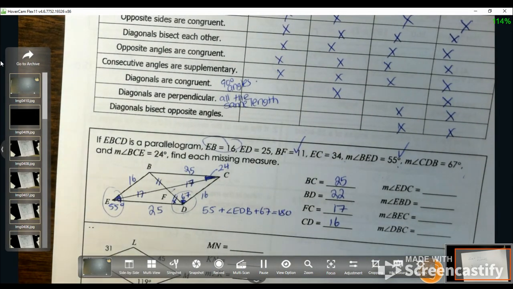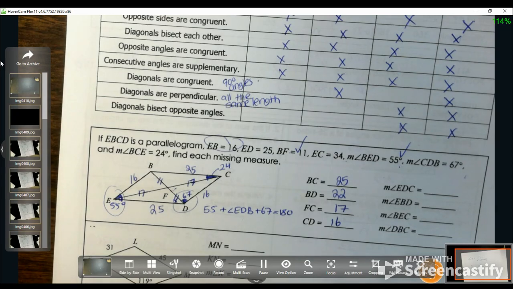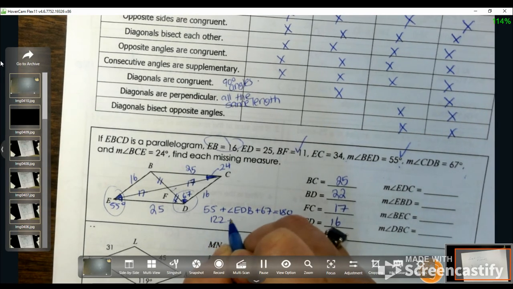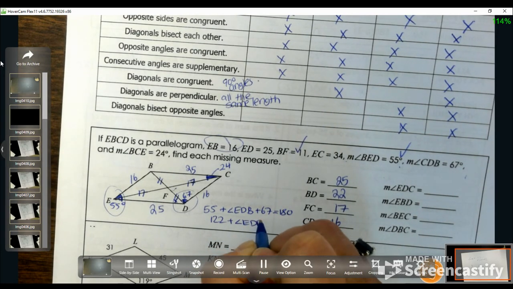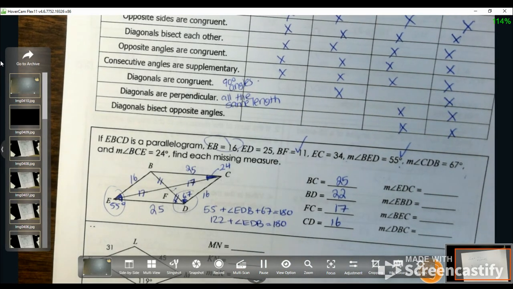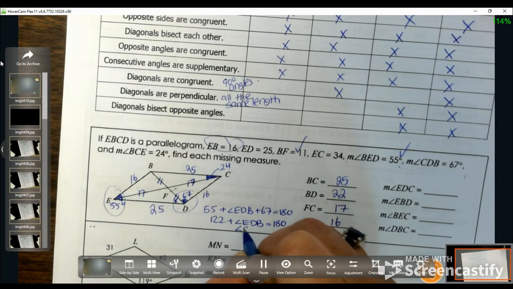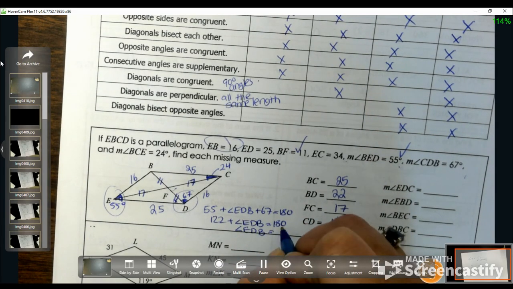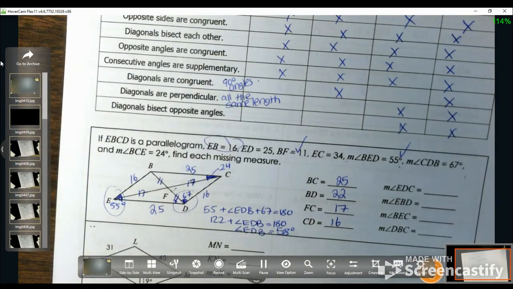So 55 plus 67 is equal to 122, plus angle EDB is equal to 180. And that means angle EDB is equal to 58 degrees.